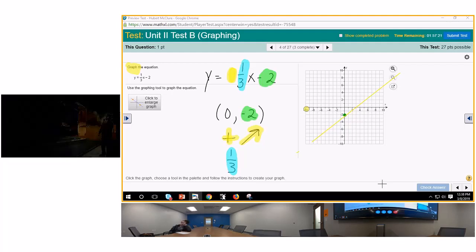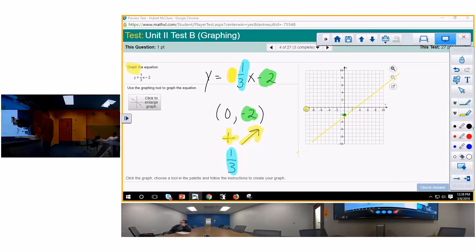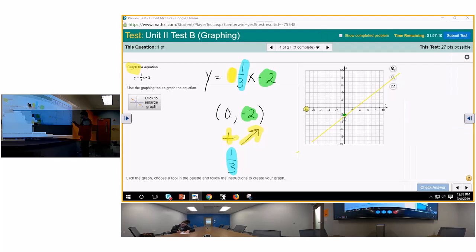It doesn't matter where you put it. It's showing you which way the line's going. Now I'm going to take my blue marker and go 1 up, 3 over. 1 up, 3 over.